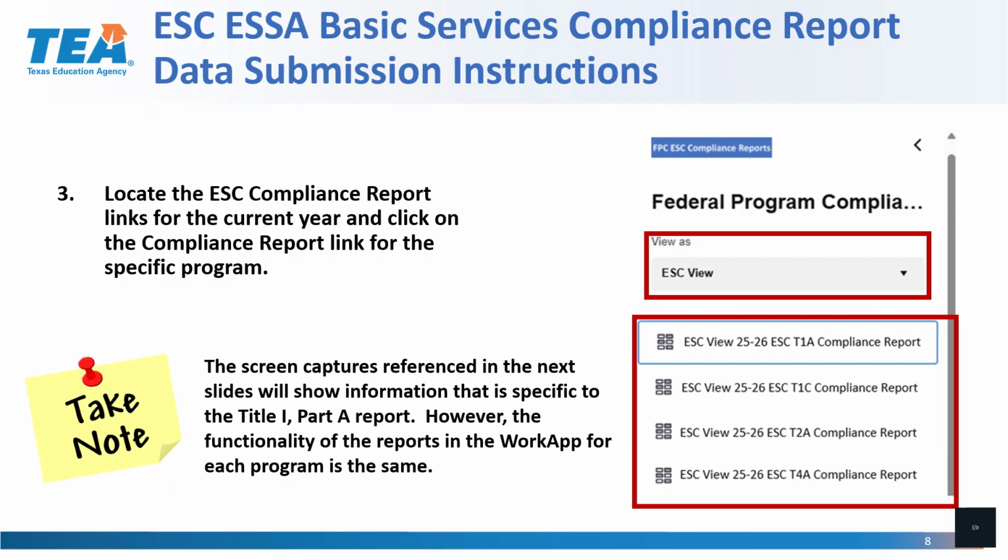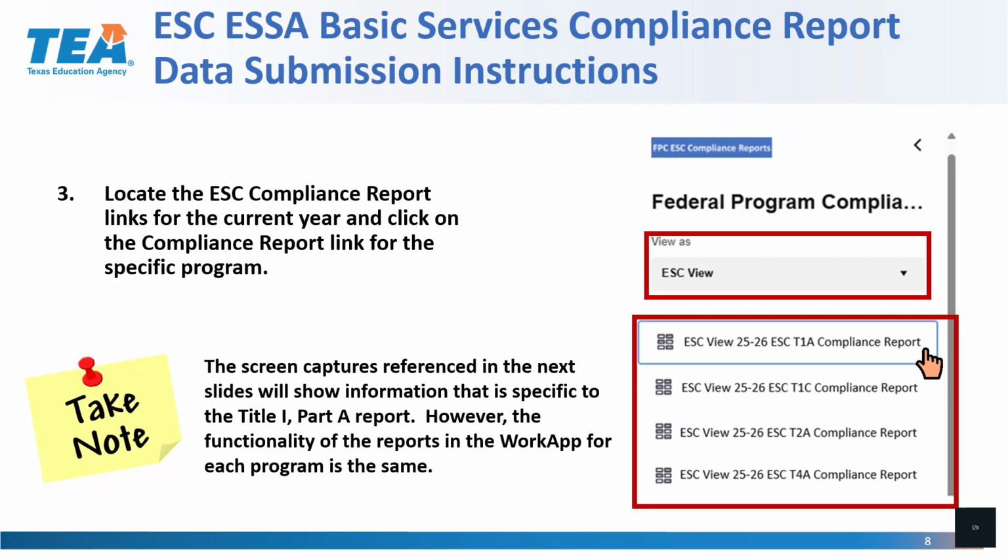A Title II Part A ESC Compliance Report. A Title I Part A ESC Compliance Report. And a Title I Part C Migrant Education Program, or MEP, ESC Compliance Report link. Click on the specific program to access the data submission form.